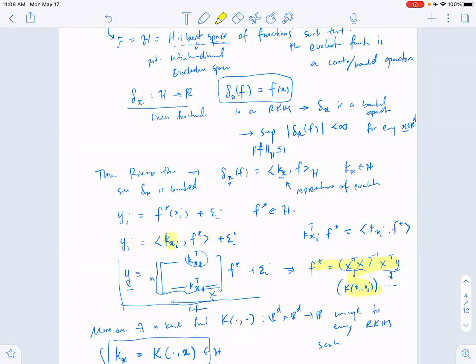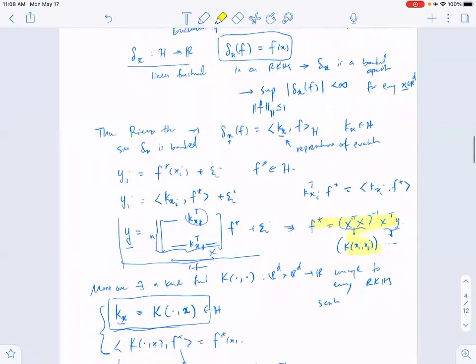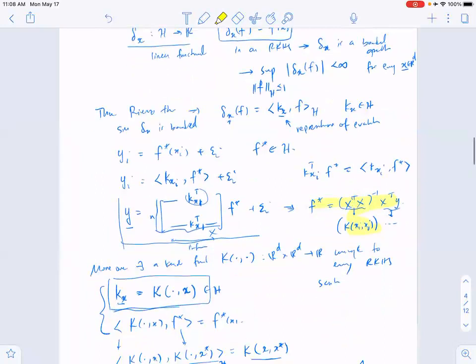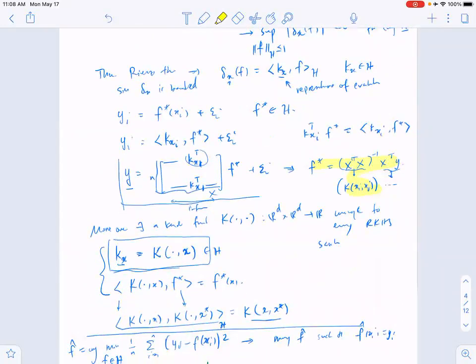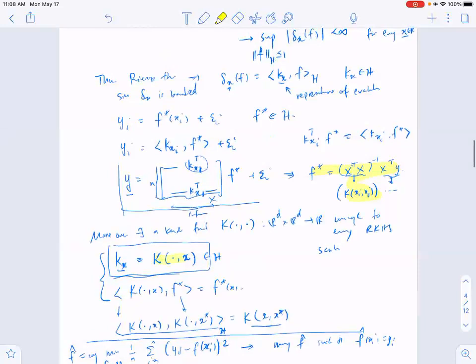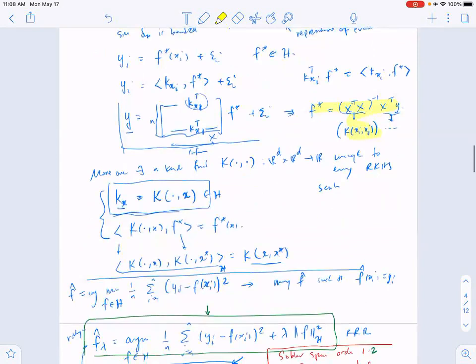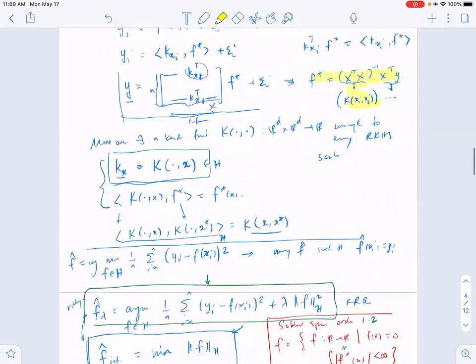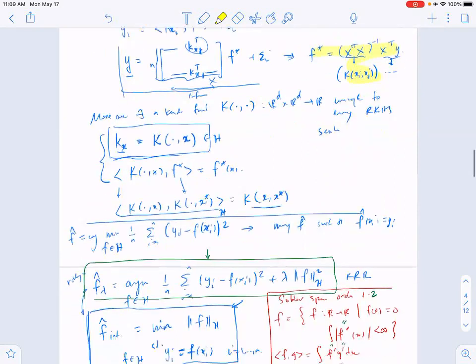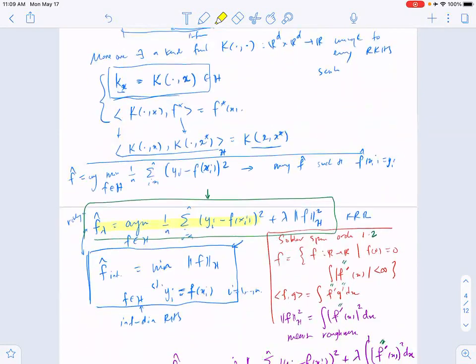These are representers of evaluation, and they can be exactly determined as these kernel functions when you fix one of the coordinates. Every RKHS has a kernel associated with it, and these are the representers of evaluation. So the problem very much looks like the finite dimensional case. It's not finite dimensional, but you try to minimize something like that.